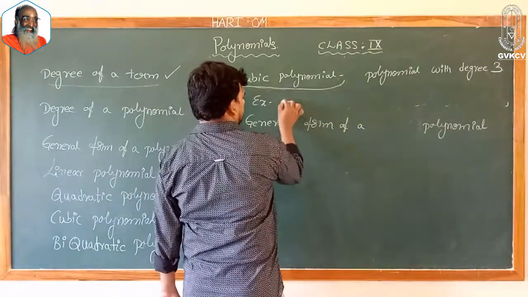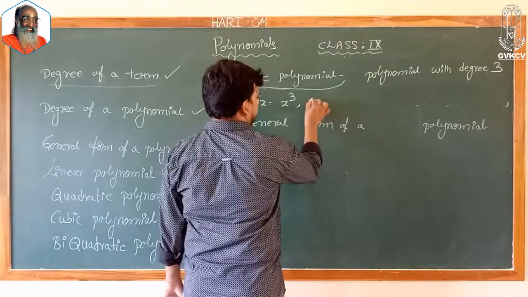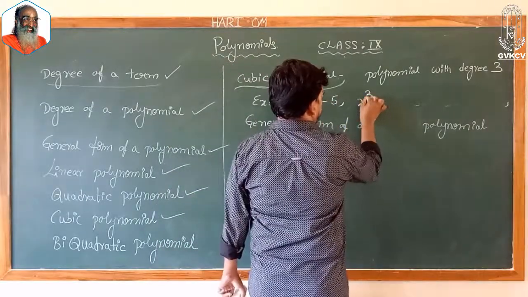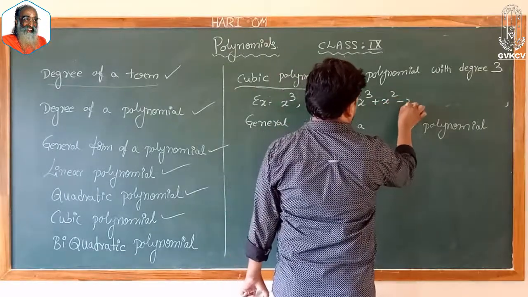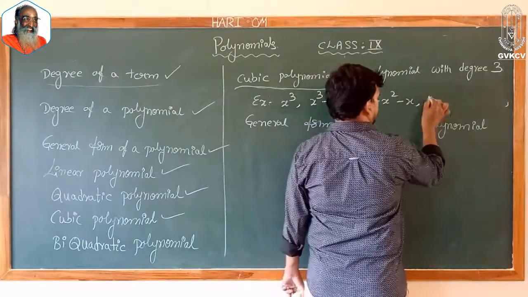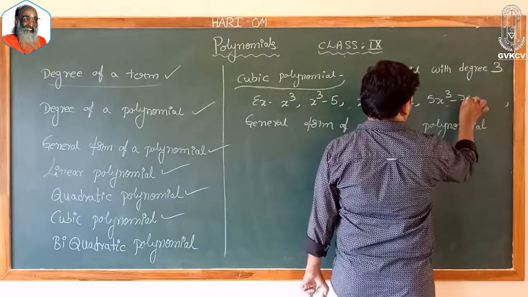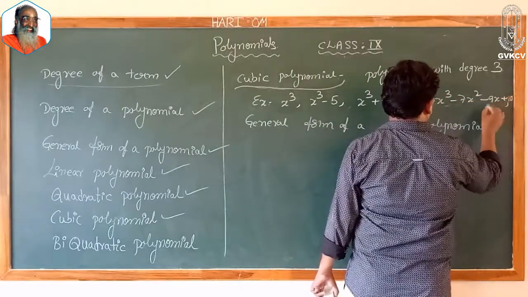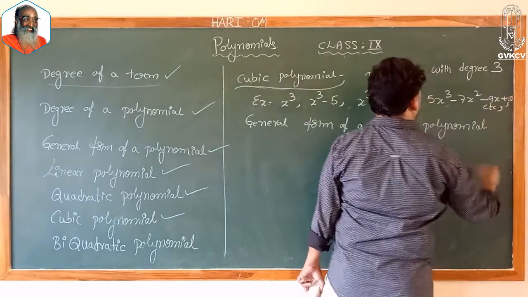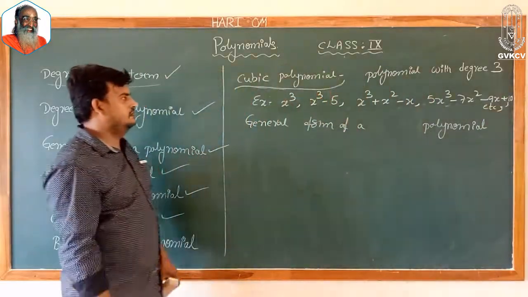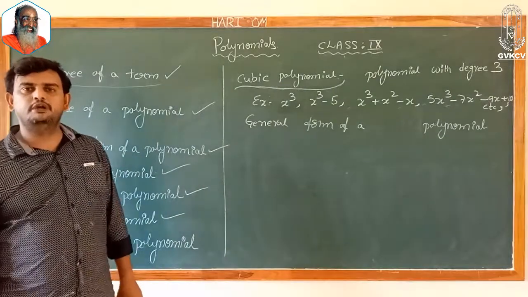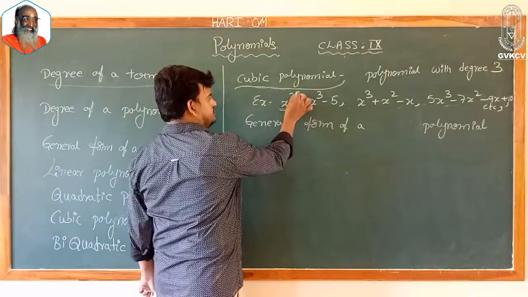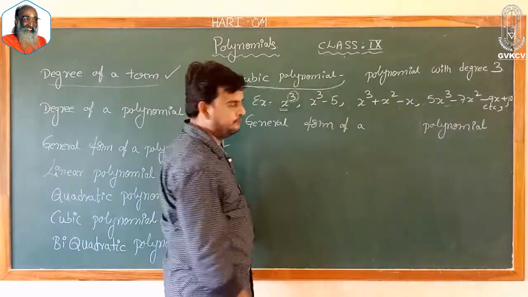So x cube minus 5, x cube plus x square minus x, or 5x cube minus 7x square minus 9x plus 10, etc. are examples of a cubic polynomial. When we observe here, the highest power of a variable is 3.